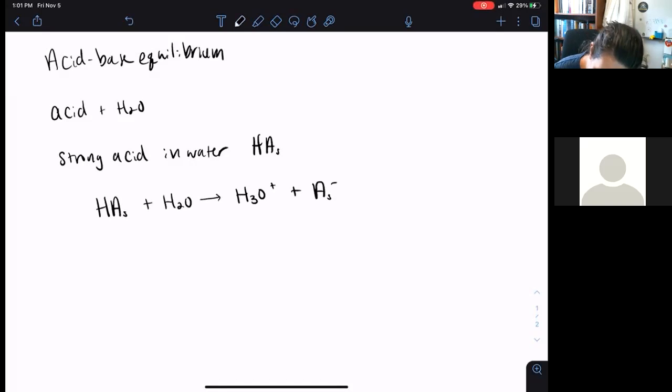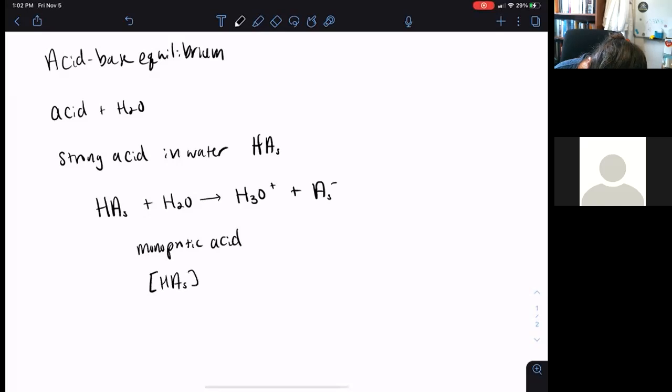In this case, if we're dealing with a monoprotic acid, and with the exception of H2SO4, all of our strong acids will be monoprotic. The HA(S) concentration will be equivalent to our H3O+ concentration.